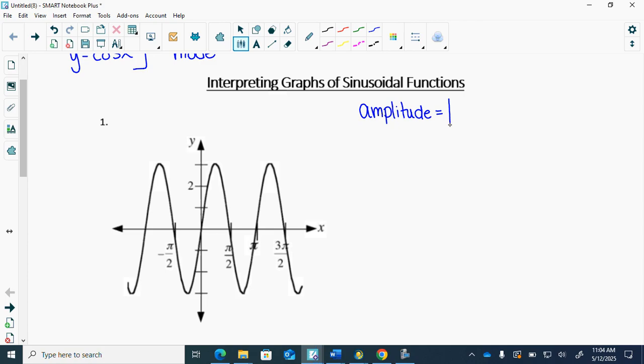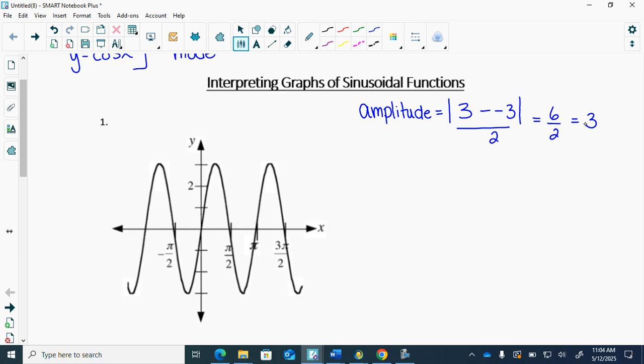How high does it go to? 3. Minus the minimum. What does the minimum go to? -3, divided by 2. So it's the absolute value of 3 plus 3 technically. So 6 divided by 2, which is 3. Okay? So our amplitude is 3.